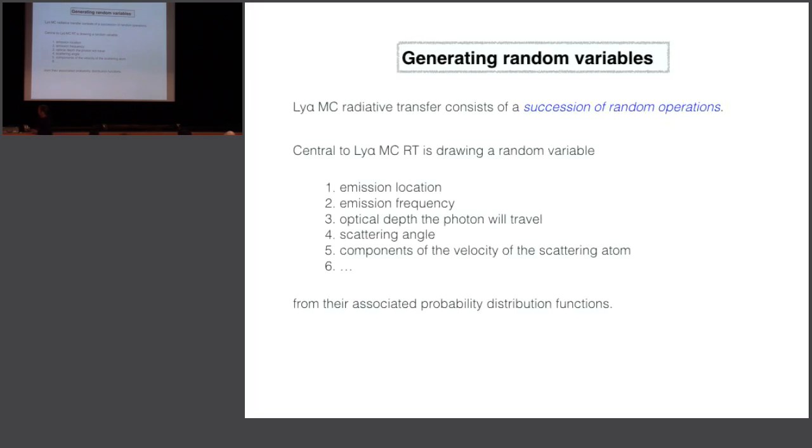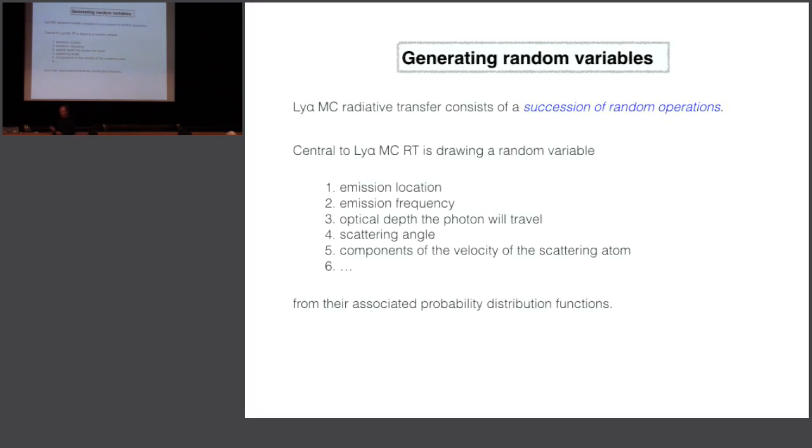So Lyman-alpha transfer consists of a succession of random operations, and so really central is drawing random variables, right? We need to draw random variables for the emission location, the frequency, the optical depth that the photon will travel, the scattering angle, and then the velocity components of the atom that is scattering the photon.